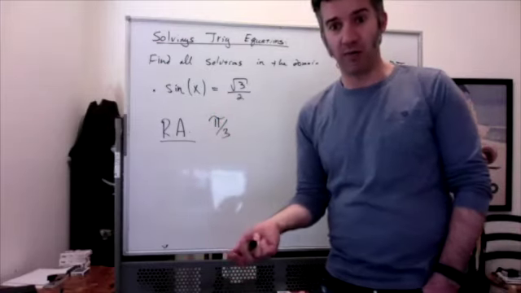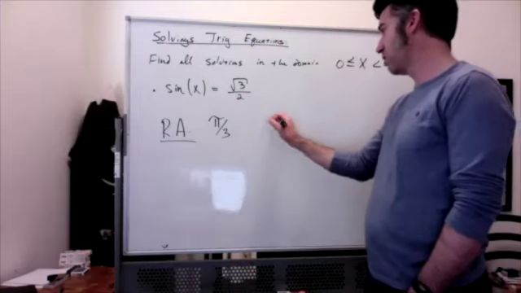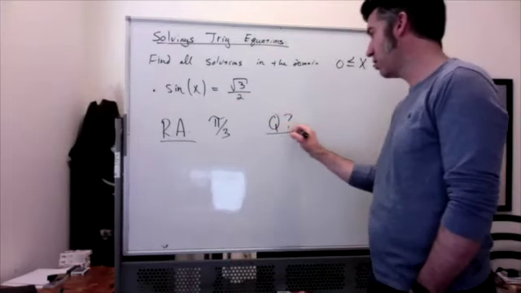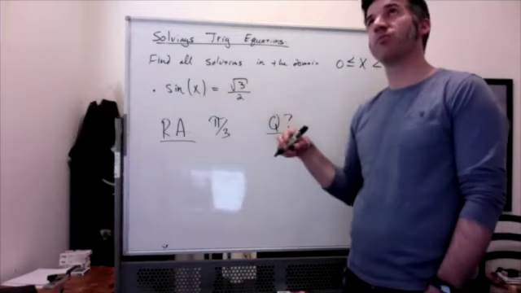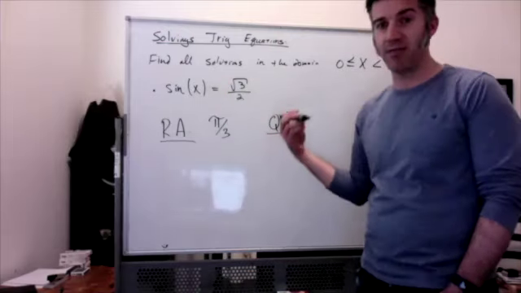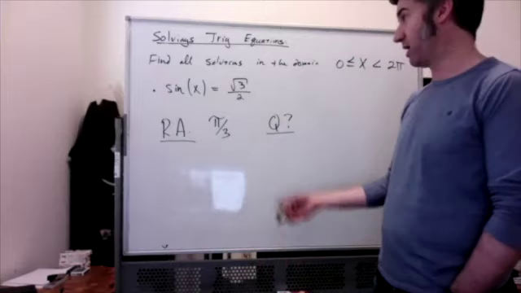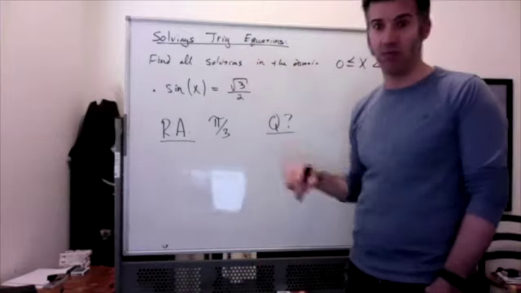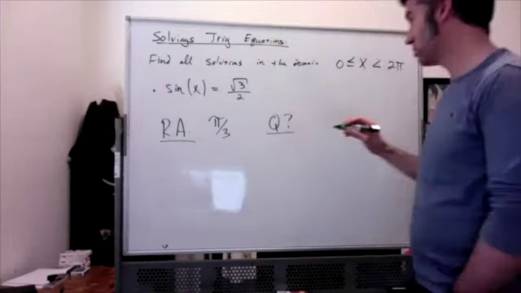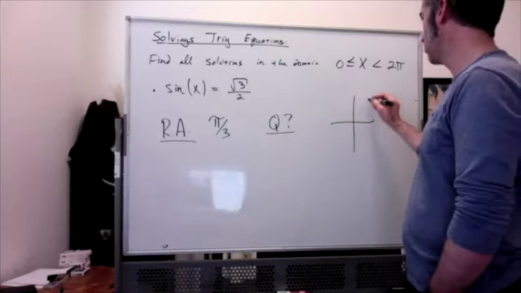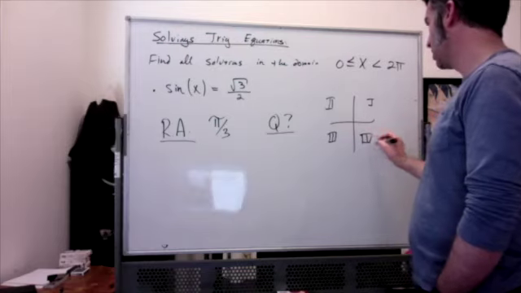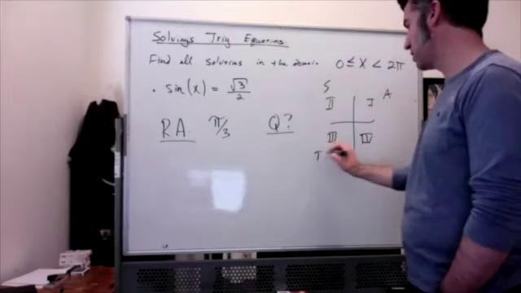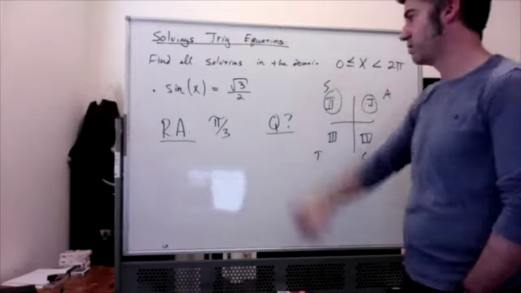The other job we have to do is to ask ourselves, in what quadrants is sine positive? Because we want sine to be positive square root of 3 over 2. Yes, we know that sine is positive in the first and the second quadrant.